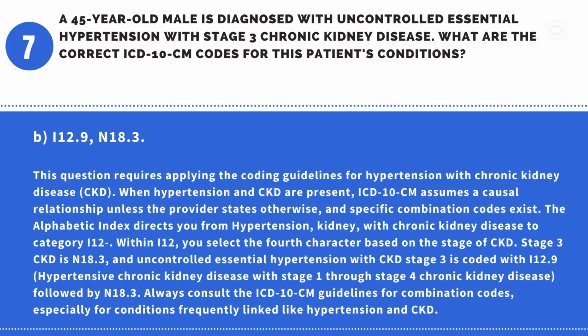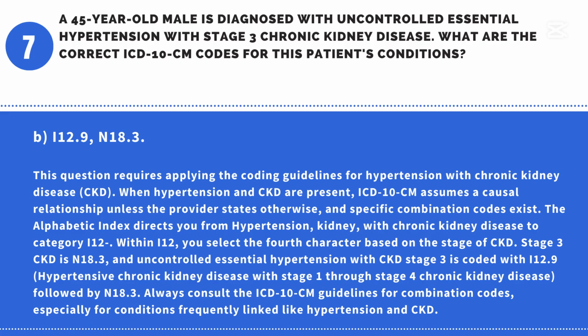Answer: B. I12.9, N18.3. This question requires applying the coding guidelines for hypertension with chronic kidney disease, CKD. When hypertension and CKD are present, ICD-10-CM assumes a causal relationship unless the provider states otherwise, and specific combination codes exist. The alphabetic index directs you from hypertension, kidney, with chronic kidney disease to category I12.